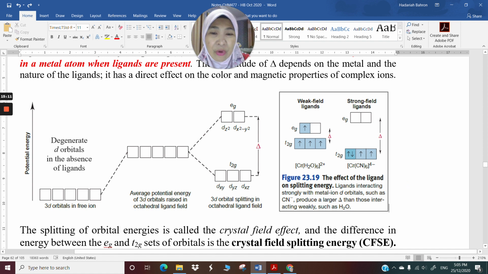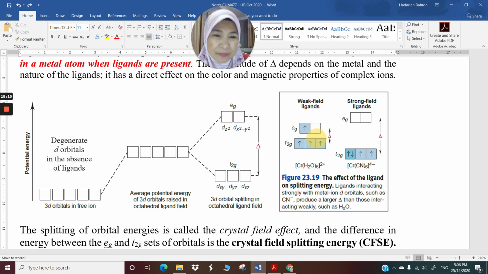Now, sometimes depending on the ligand, this delta is small. For example, if it is water, the separation is small. But if it is cyanide, the separation is big. Delta, when you have water as a ligand, is small. When you have cyanide, the delta is big.